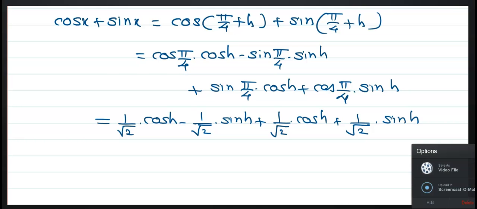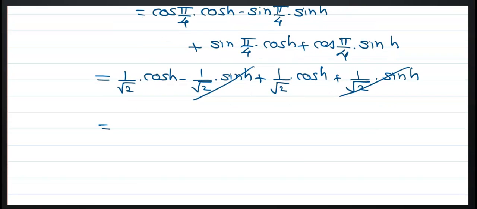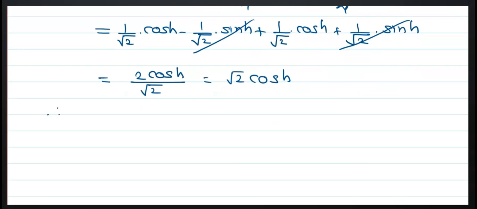Here, minus 1 upon root 2 sin h plus 1 upon root 2 sin h get cancelled. 1 upon root 2 cos h plus 1 upon root 2 cos h becomes 2 cos h upon root 2, therefore root 2 cos h.